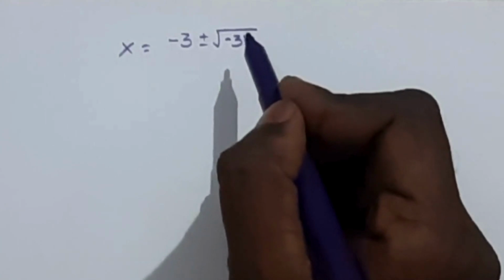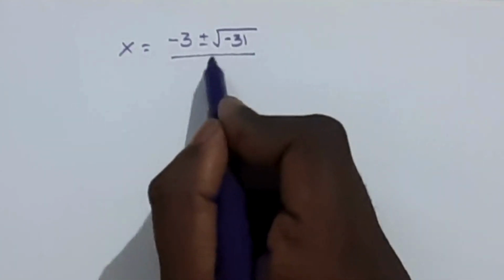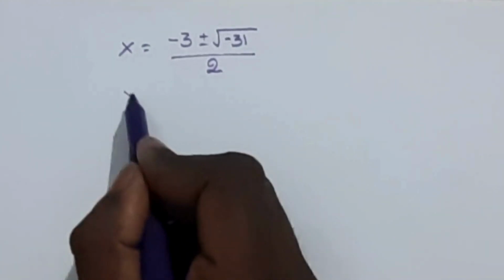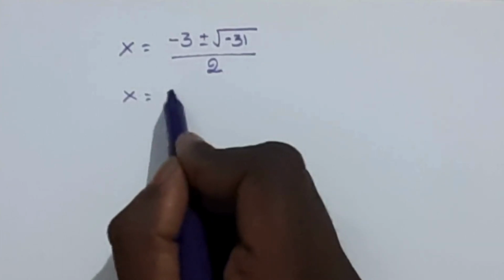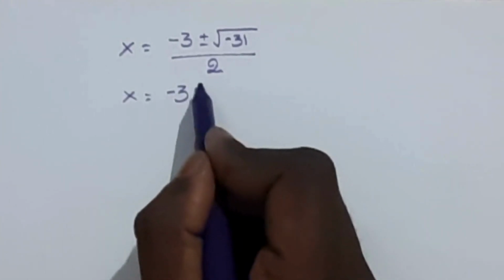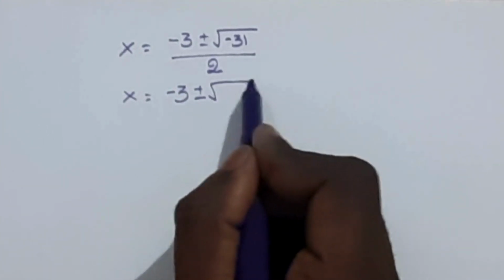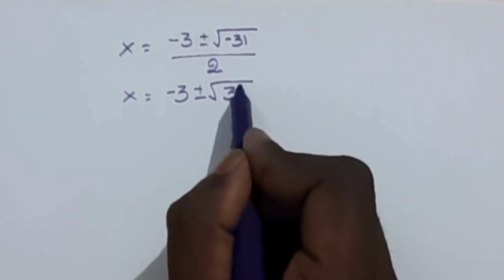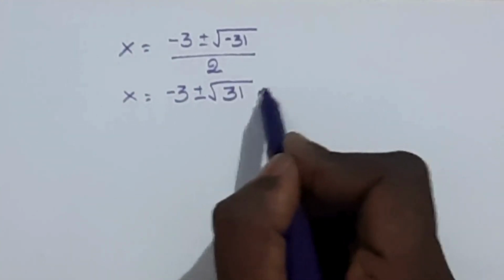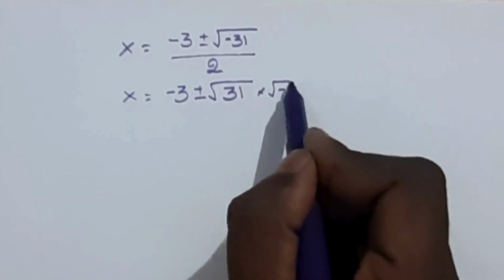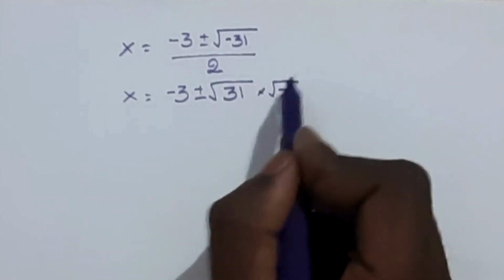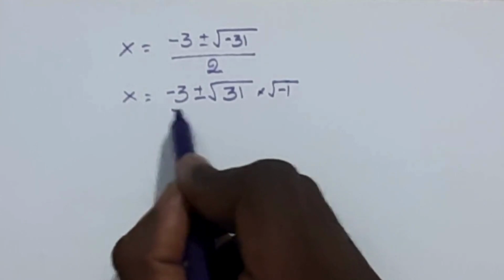Now x = (-3 ± square root of -31) / 2, which is 9 minus 40 is -31. Now x = (-3 ± square root of 31 times square root of -1) / 2. We are taking the minus out from this square root.